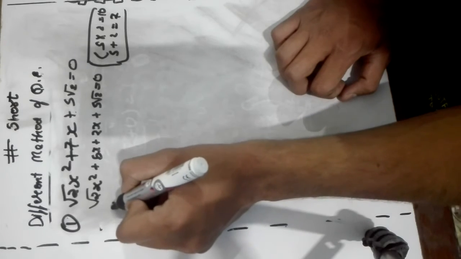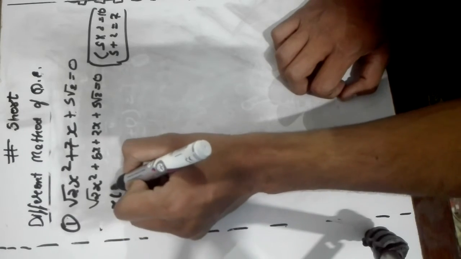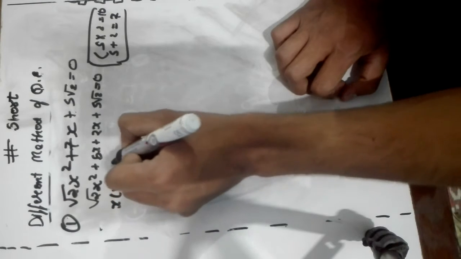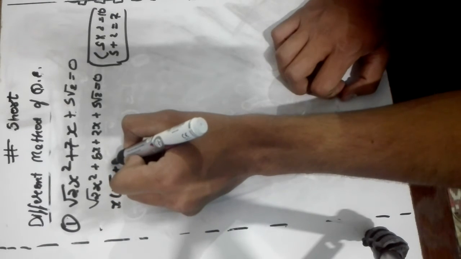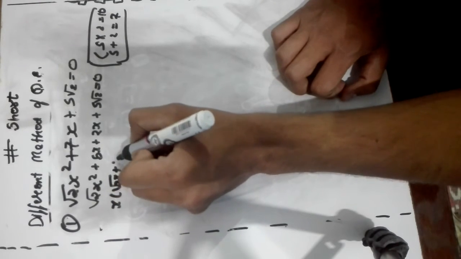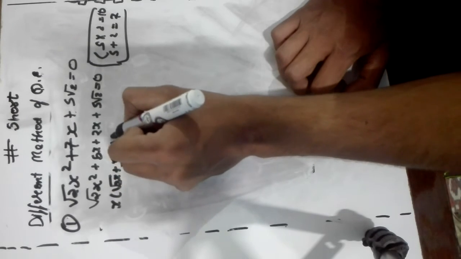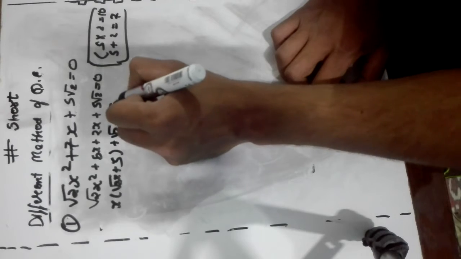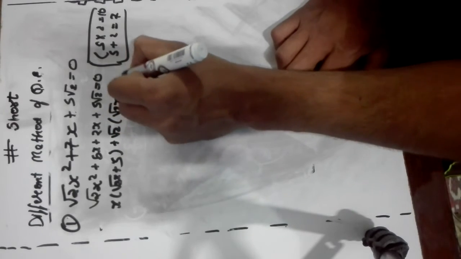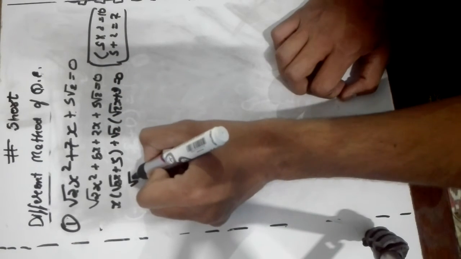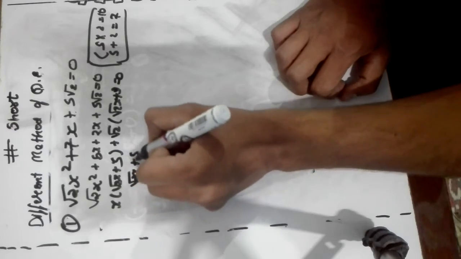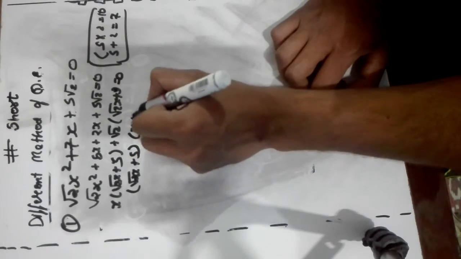So we take x root 2x plus 5 and plus root 2, root 2x plus 5, 2x plus 5 and x plus root 2.